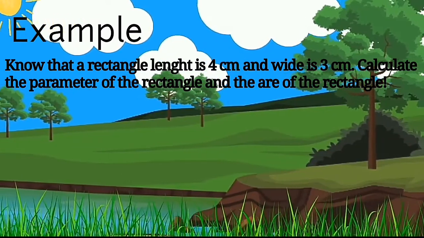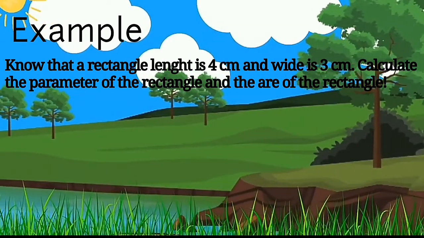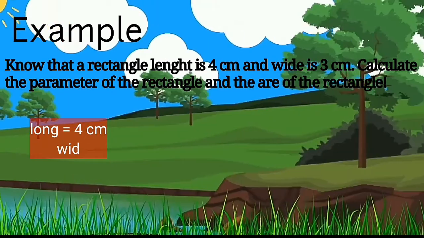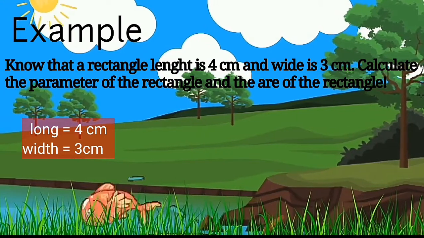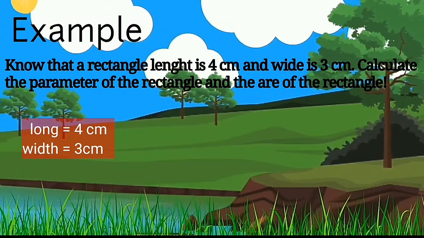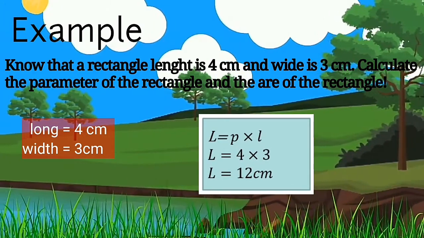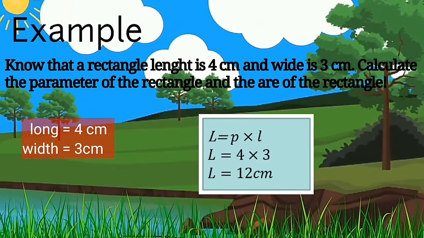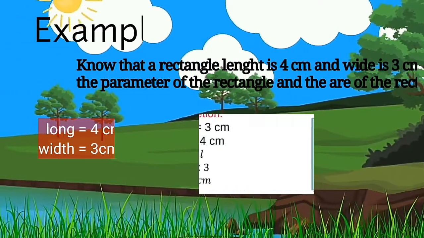It is known that width equals 3 cm and length equals 4 cm. Substitute it into the rectangle formula. L equals 4 cm times 3 cm. Then the area of the rectangle is L equals 12 centimeters squared.